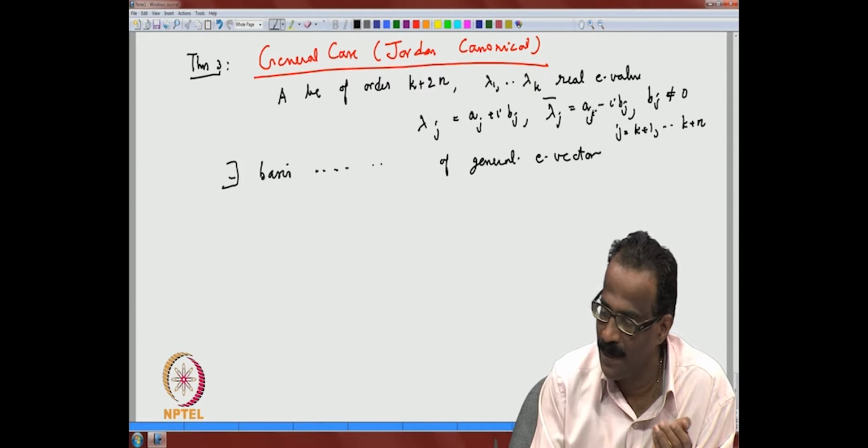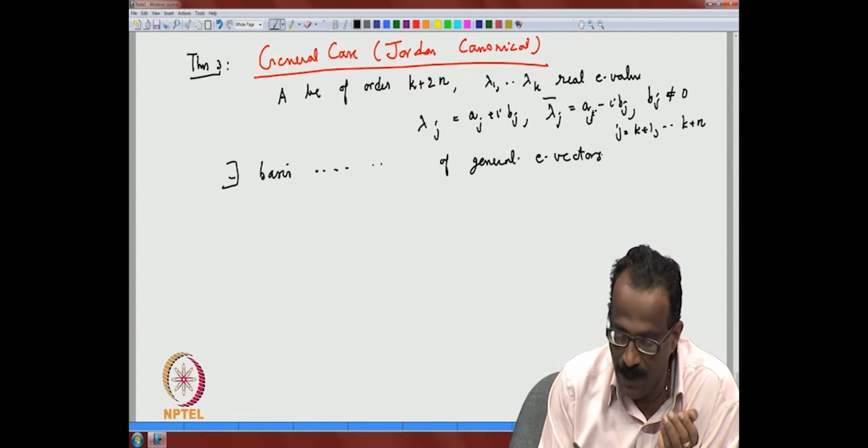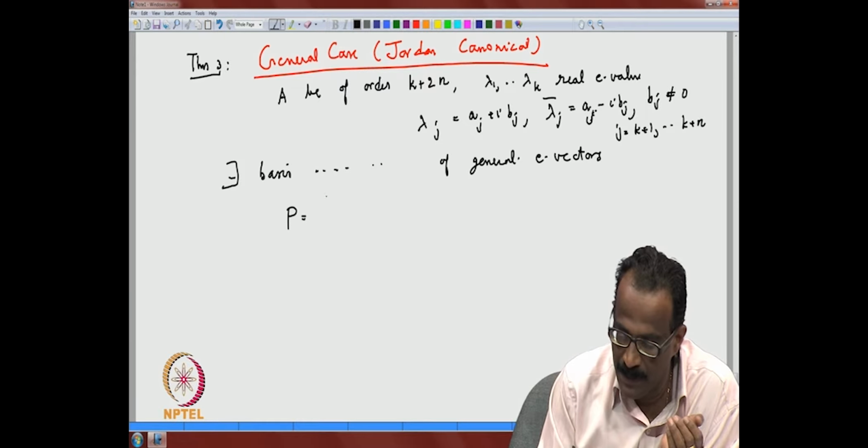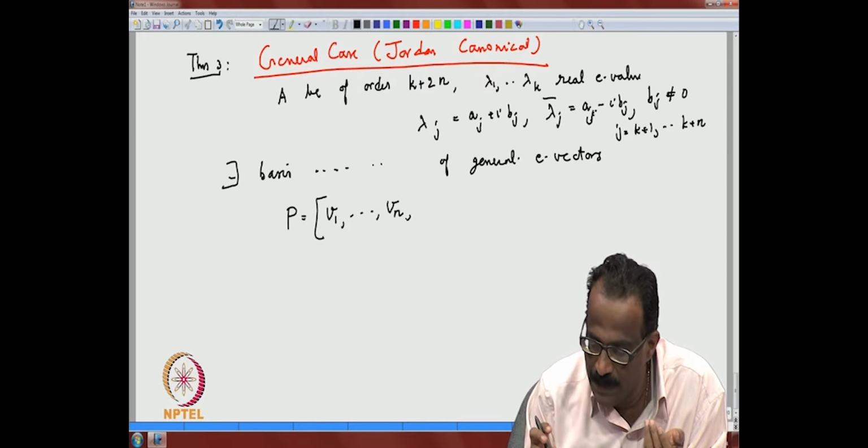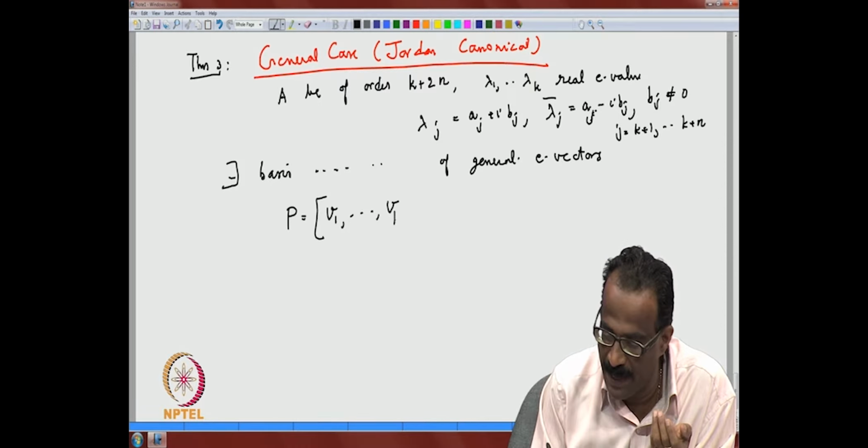You see, you can write your complete theorem and you can write down your P. So, you write your P as the matrix. You have the first k generalized eigenvectors corresponding to the real eigenvalues.